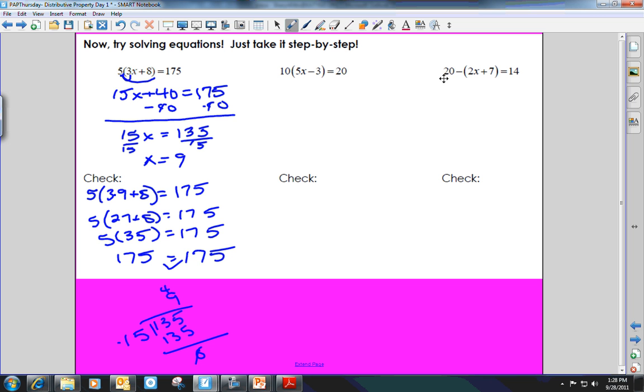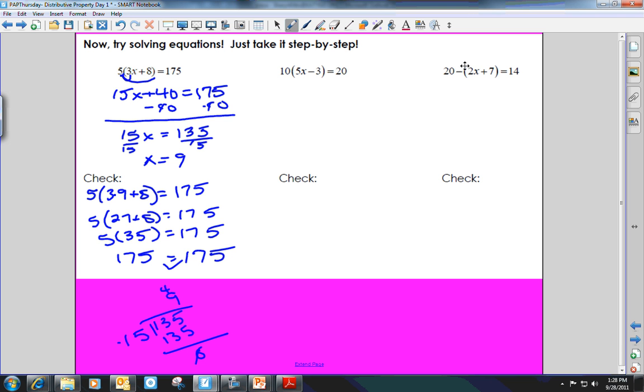This is 20 minus 2x plus 7. All right, so since this negative sign, remember subtraction and negative are the same thing, since this negative sign is out here on the outside of the parentheses, that normally would mean that I would subtract the result of this parentheses.